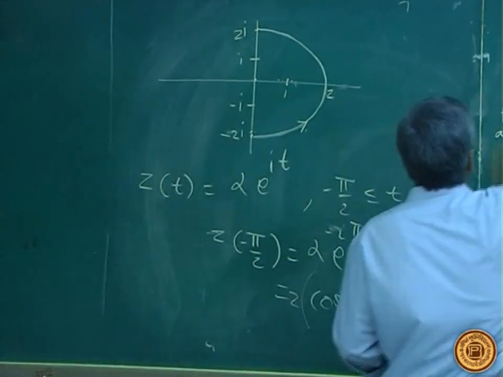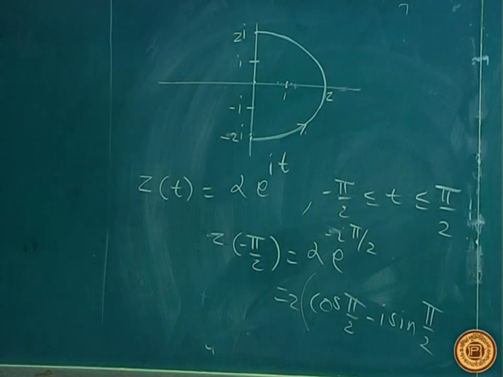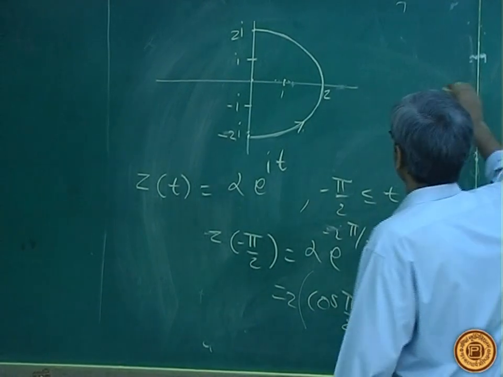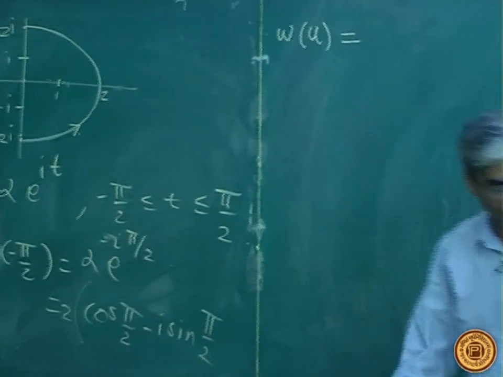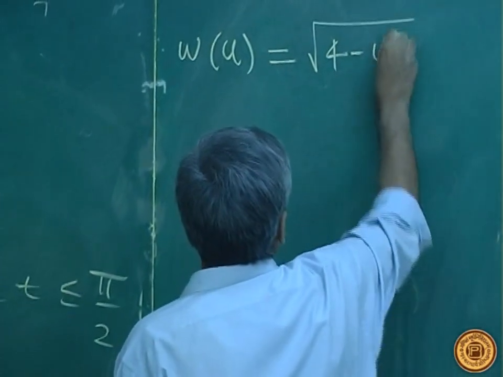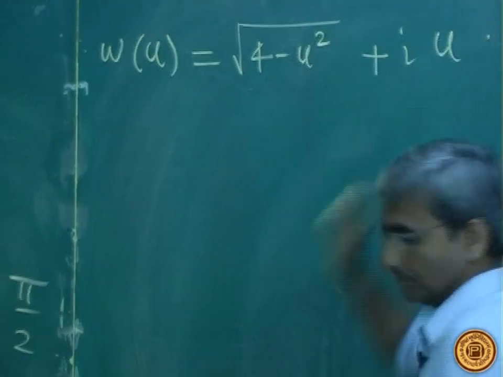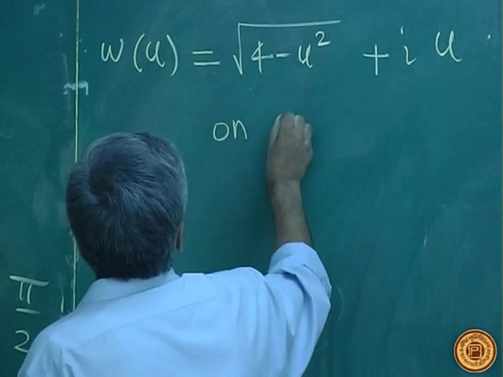Now one can have a reparameterization of this curve. One can have a reparameterization of the curve, a function w u defined on minus 2 to 2. So now consider another function w u, which is equal to the square root of 4 minus u squared plus i times u, defined on minus 2 to 2.